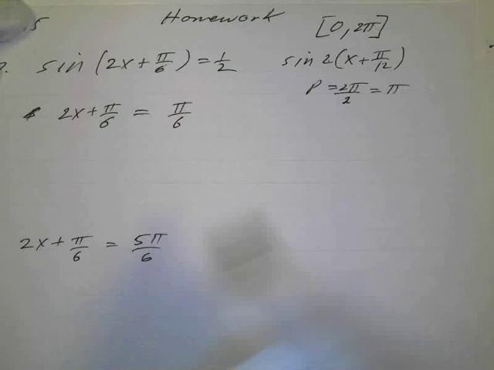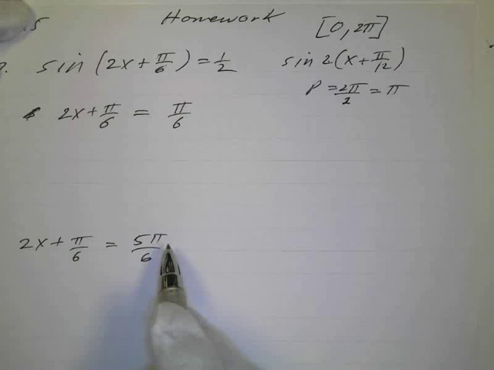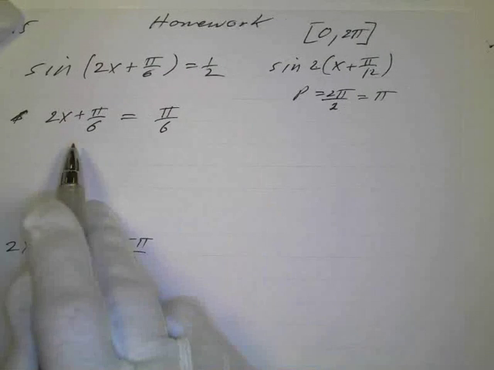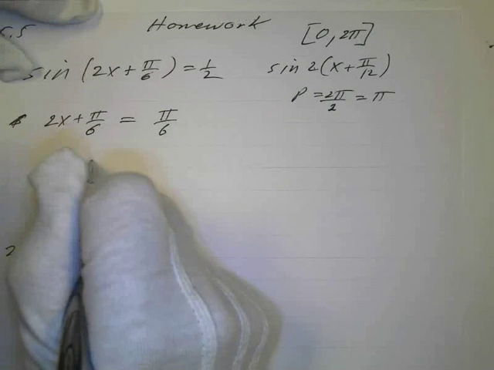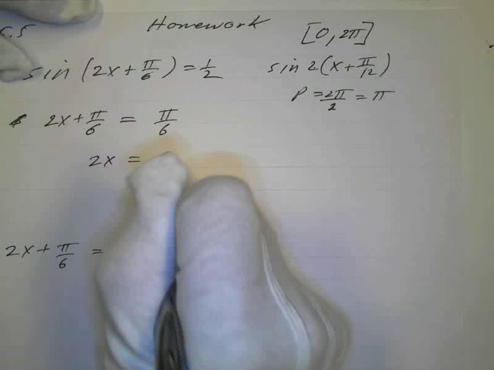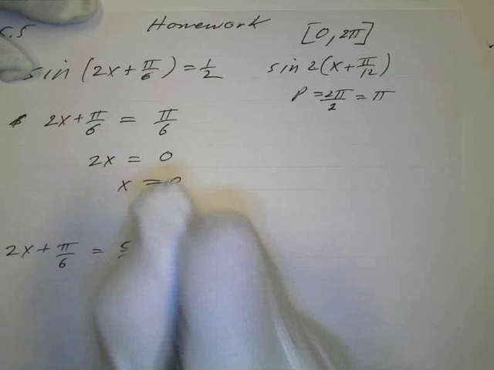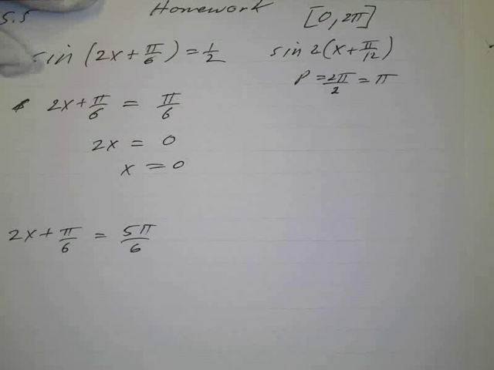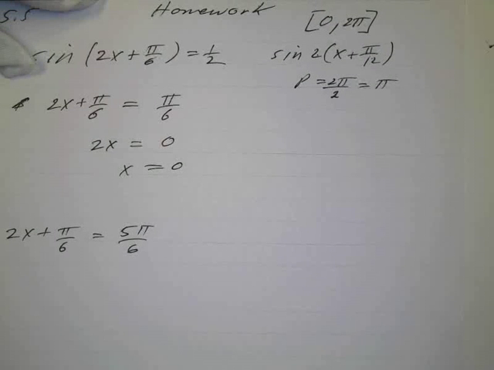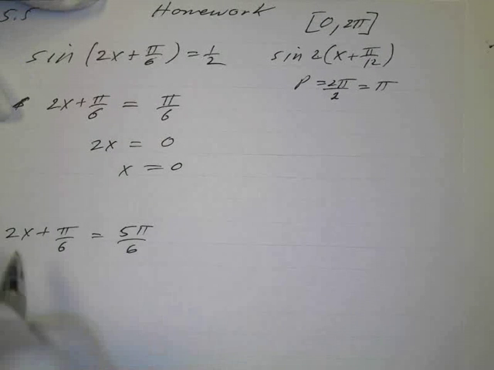All right? So those would be my two basic answers. But then I would have to add a period to each of those. But first of all, I've got to find out what x is. So if I subtract pi over 6 from both sides, I get 2x equals 0. So x equals 0. All right, so that's one basic answer.